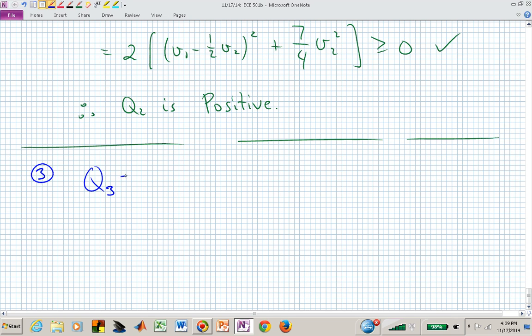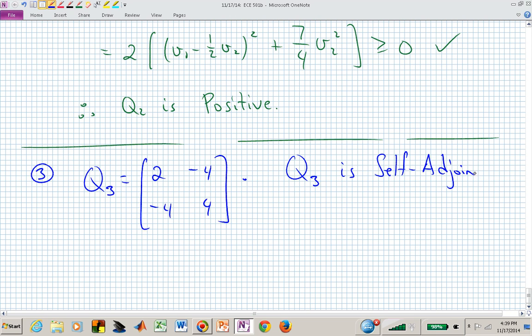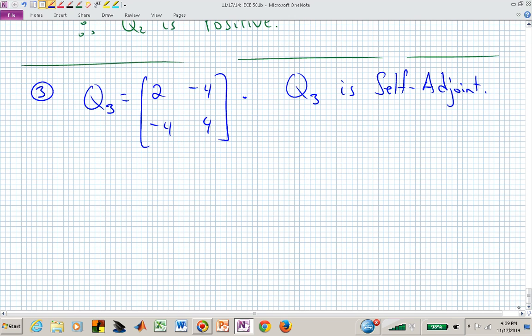Q sub 3. Q sub 3 is 2, minus 4, minus 4, 4. Does it satisfy the first piece? Is it self-adjoint? It is equal to its transpose, and since it's real, that's all we have to worry about. Now we have Q sub 3 v, v.